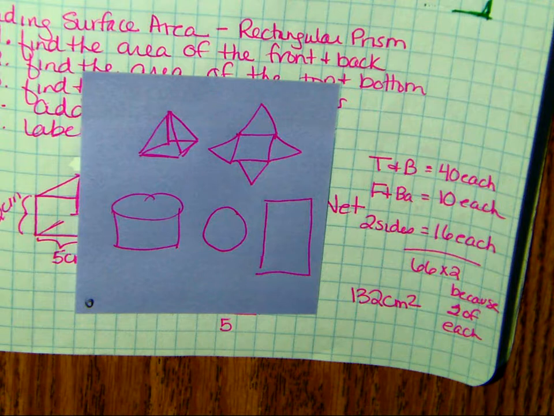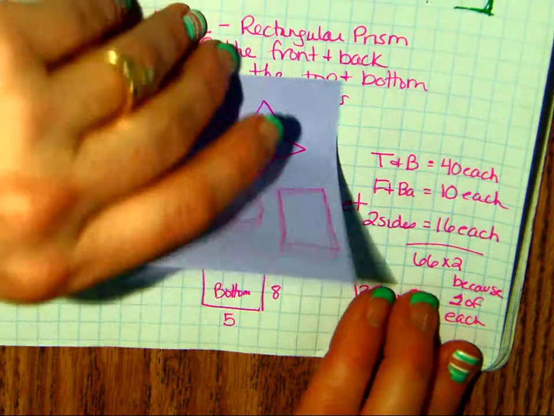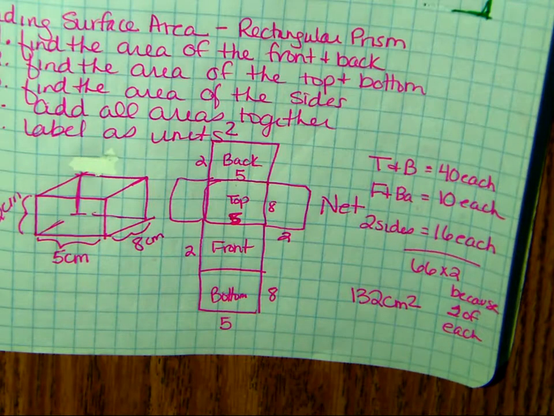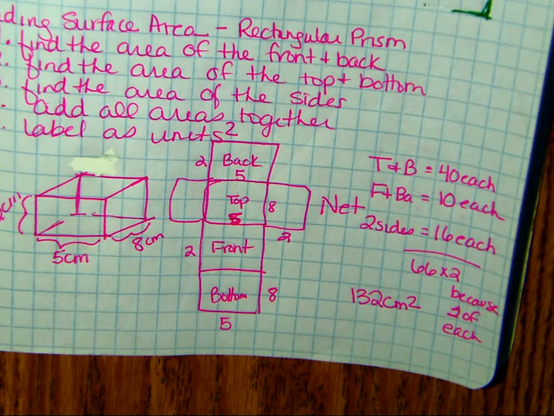So couldn't you pull that apart and figure out the area for the circles, and then add the area of the rectangle, and you'd have your surface area? So you can use this process to figure out the surface area of any shape you want. It's just a matter of figuring out, if I flatten this out, what are the different pieces I have, and can I figure out the formulas for those areas and then add them together.